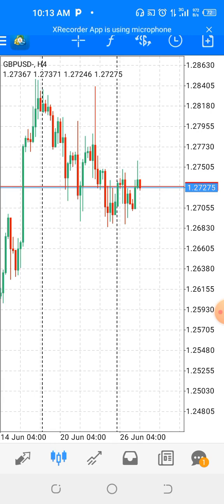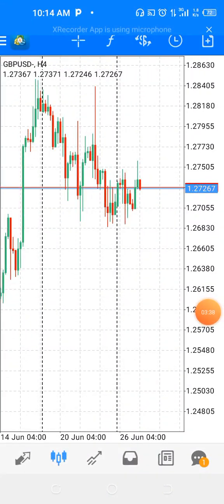When we say the market is bearish, it means that it's going downward. So it's either the market is going upward, or it's going downward, or it is parallel. So a trend is simply the direction of the market movement, or the direction of a particular instrument in the market. Is it upward or is it downward?